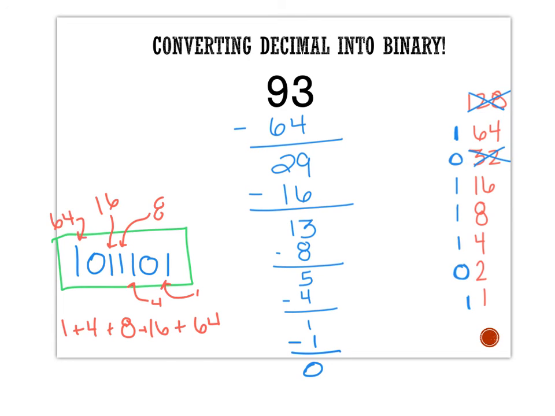So just working backwards, I know that 16 plus 64 leaves me with 80. And then if I add the 80 plus 8 plus 4 is 12, so that leaves me with 92. Plus that last one is equal to 93. So I know for a fact that 1011101 is in fact the binary version of the decimal number 93.